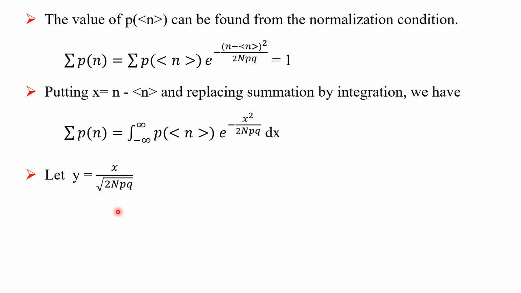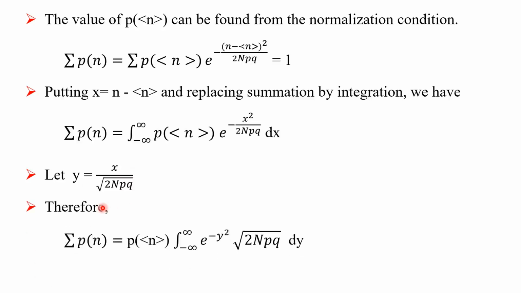Therefore the summation over Pn is equal to P(mean value n) times the integration from minus infinity to plus infinity of e raised to minus y square, where x square upon 2NPQ becomes y square, times root 2NPQ dy.